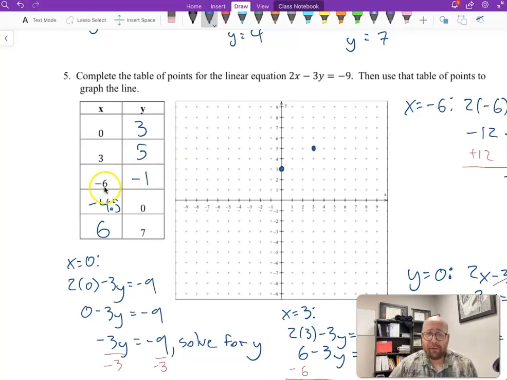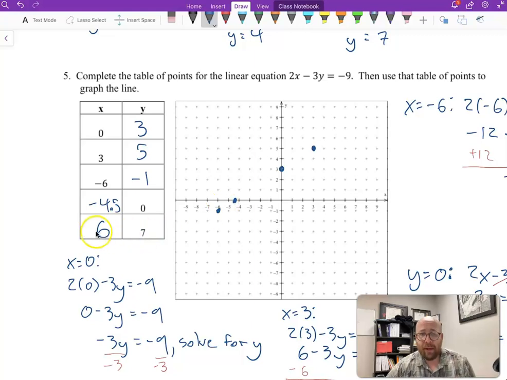We have -6, -1. x is -6, y is -1. We have -4.5, 0. So -4.5 is halfway between -4 and -5. y is 0.